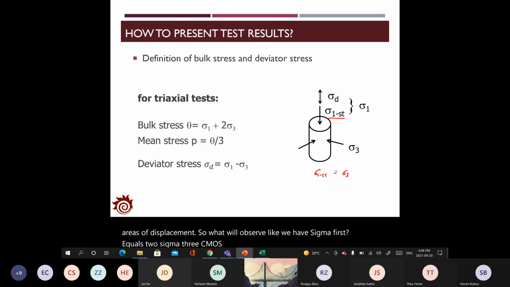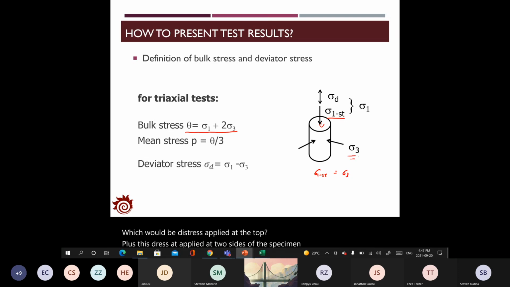And we also have the definition of the bulk stress. The bulk stress represents the total stress applied to the sample, which is the stress applied from all directions of the sample. So the bulk stress theta will be sigma 1 plus 2 times sigma 3, which is the stress applied at the top plus the stress applied at the two sides of the specimen.